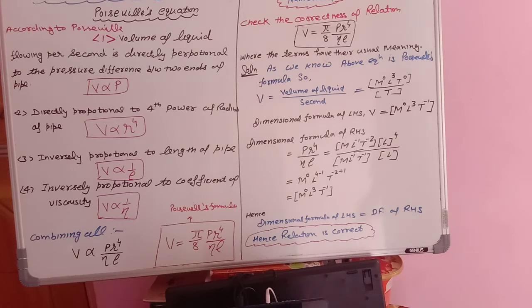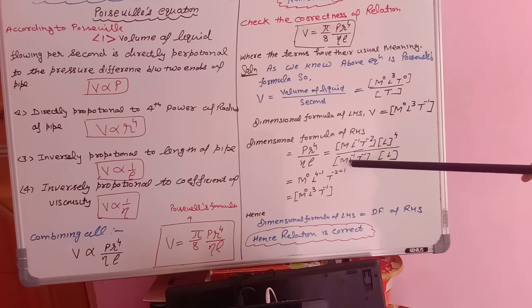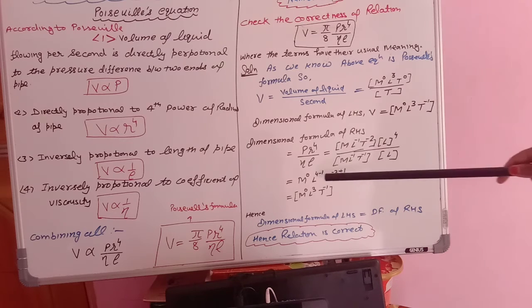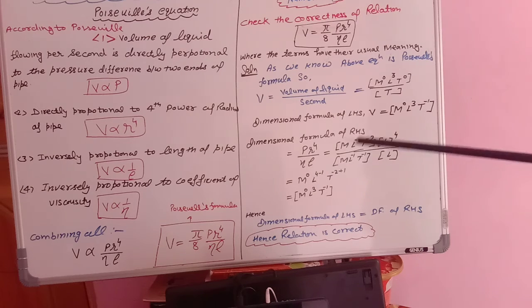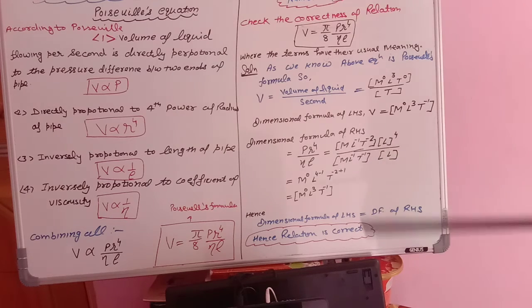Now cancel the terms which can be cancelled. M and M will cancel with each other, so M naught L minus 1 remains. Here L is to the fourth, here L is single, so L will be 4 minus 1, because the fourth power is in the numerator and L is in the denominator. T minus 2, then this minus 1 will go up, it will become plus 1.